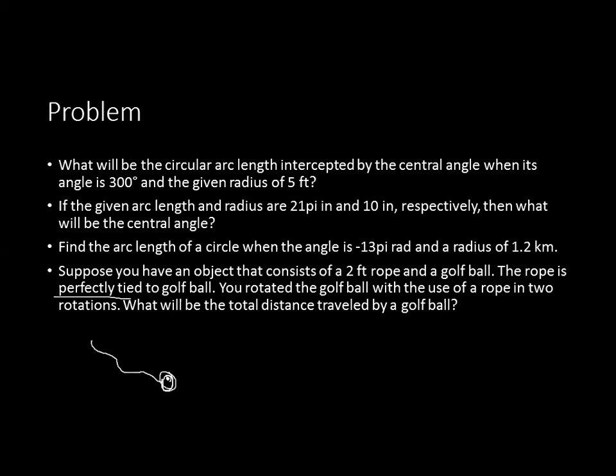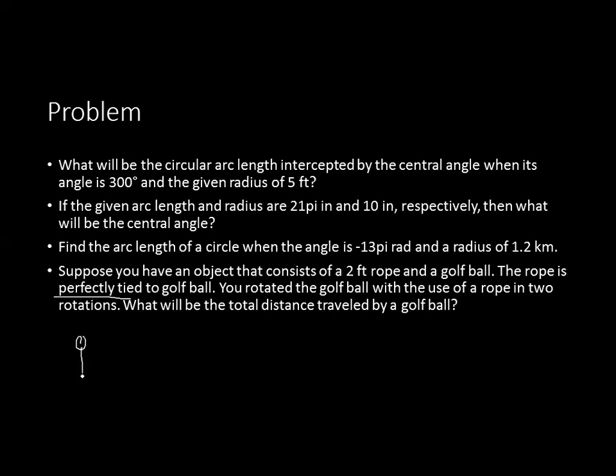It's been tied with the rope. You get me? Is it perfectly knotted? But I think you get my point. Let's just say we have a rope and it's connected to the golf ball. So anyways, what will be the total distance traveled?